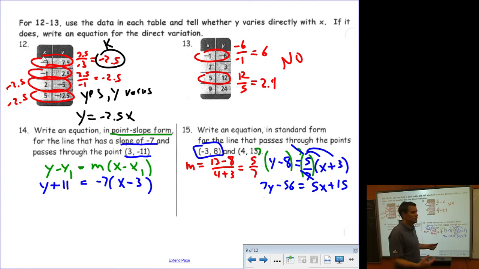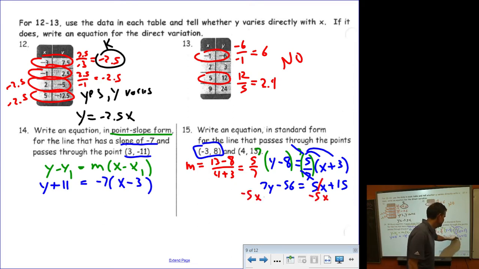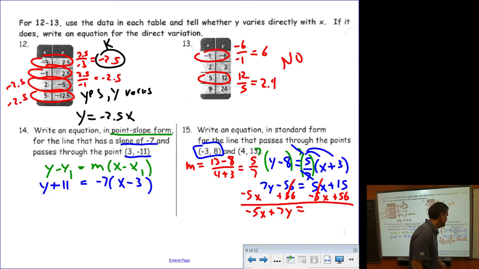Now I want to move the terms around so they're in the right location. The 5x needs to move over to the left side, and the 56 needs to move over to the right side. And I get negative 5x plus 7y equals 71.